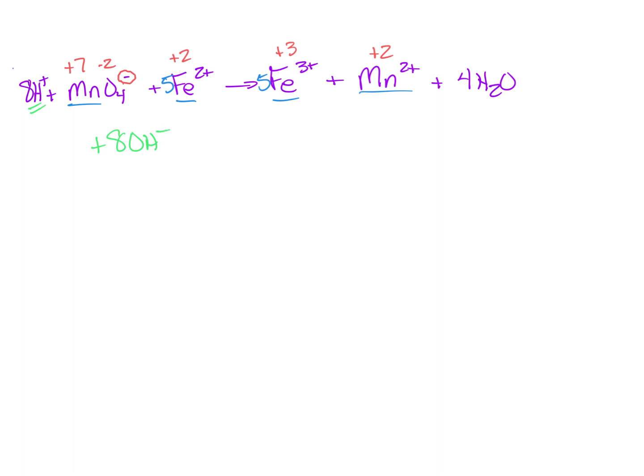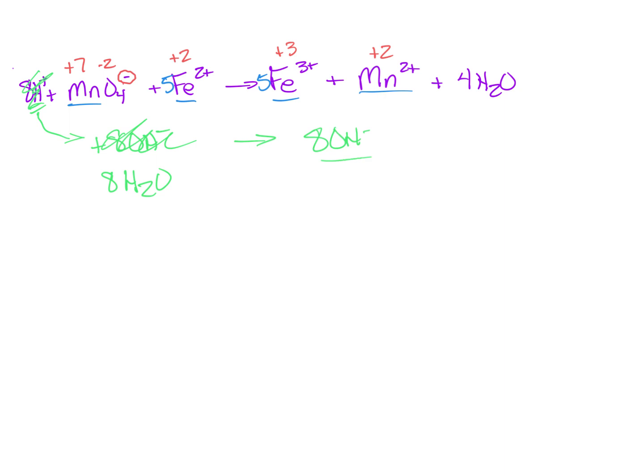So what I'm going to do is I'm going to add 8 hydroxides to both sides. Whatever I do to one side, I have to do to the other. But I'm adding 8 because I have 8 hydrogens, and 8 hydrogens and 8 hydroxides are going to make 8 waters. So I can scribble those out, and then I'm going to have my 8 hydroxides on the right.